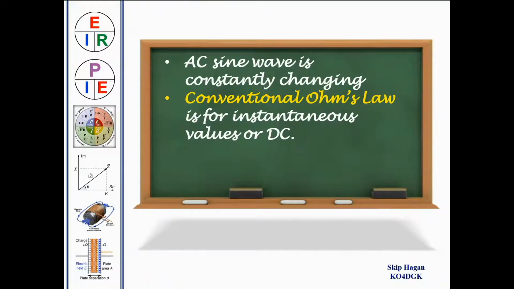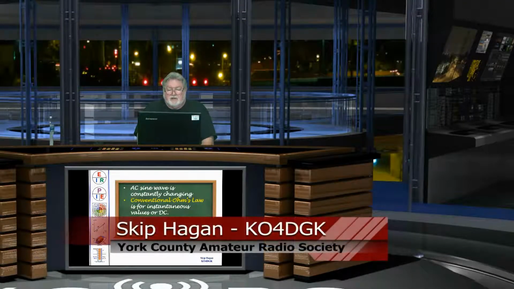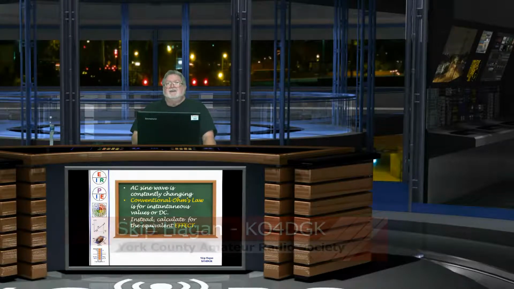An AC sine wave is constantly changing in amplitude and direction. So conventional Ohm's law won't work for us. What we need to know is what effect the alternating current is having on our equipment, the components through which this current flows.